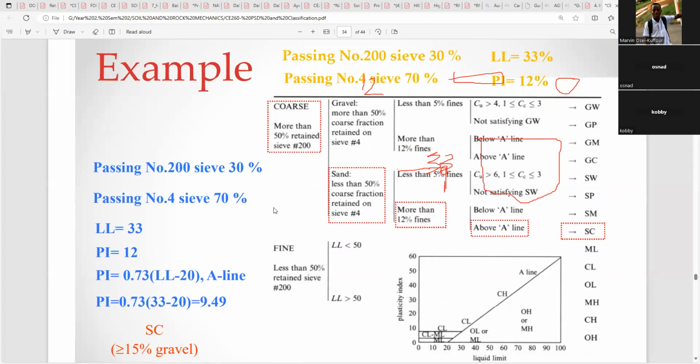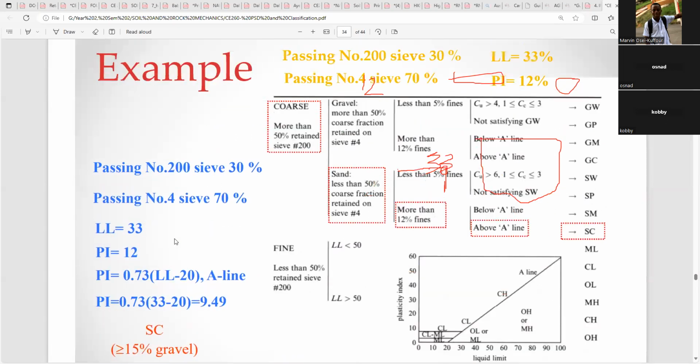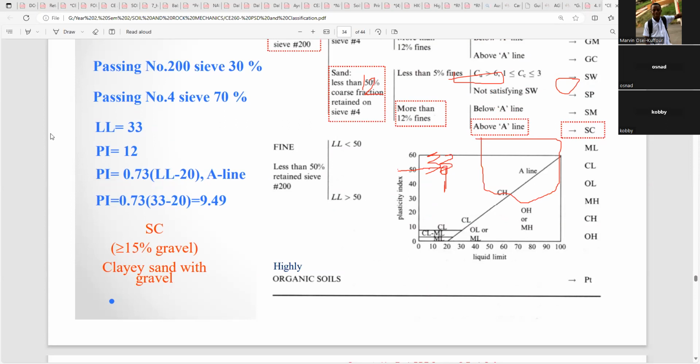Then if you have the percentage of gravel or sand to be greater than 15%, think. So your SC is just fine. You can leave it as SC or clay sand.